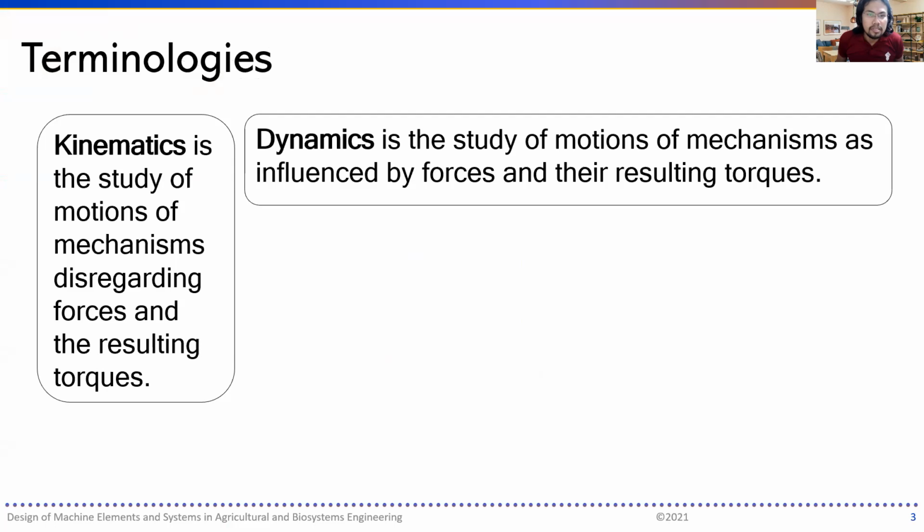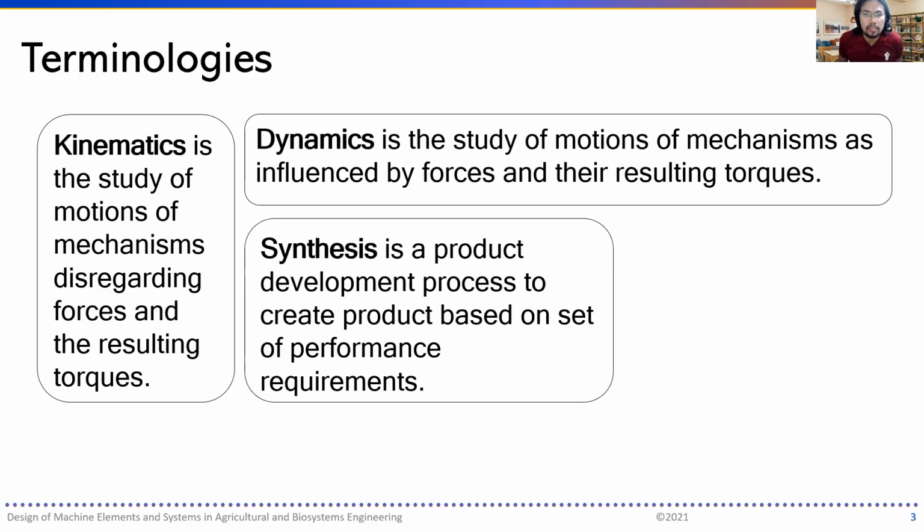Now, dynamics is the study of motions of mechanisms now influenced by forces and the resulting torques. Synthesis, on the other hand, is a product development process, creating products based on performance requirements.